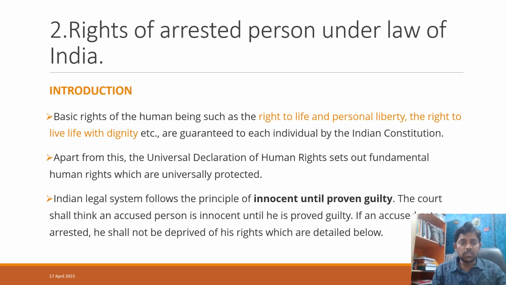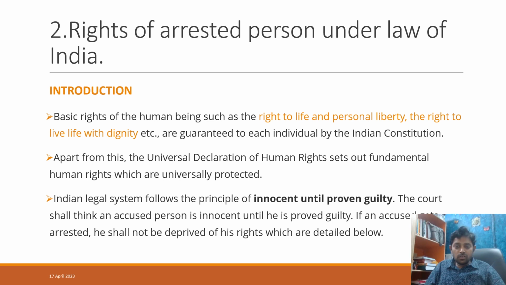The next question is the rights of arrested person under law of India. Introduction. The basic rights of human being, such as the right to life and personal liberty, the right to live life with dignity, etc., are guaranteed to each individual by the Indian Constitution. Apart from this, the Universal Declaration of Human Rights set out fundamental human rights.